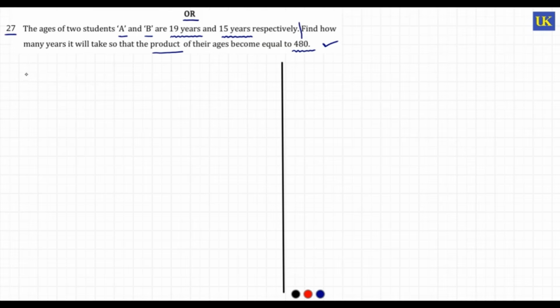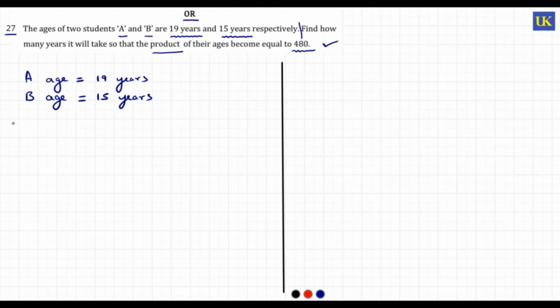So we'll write it down now. A's age, right now they have given as 19 years, and B's age they have given as 15 years.